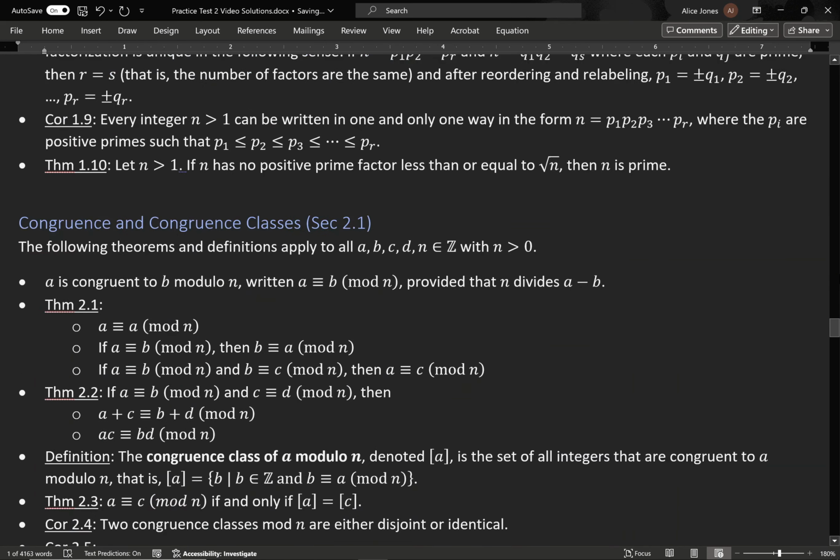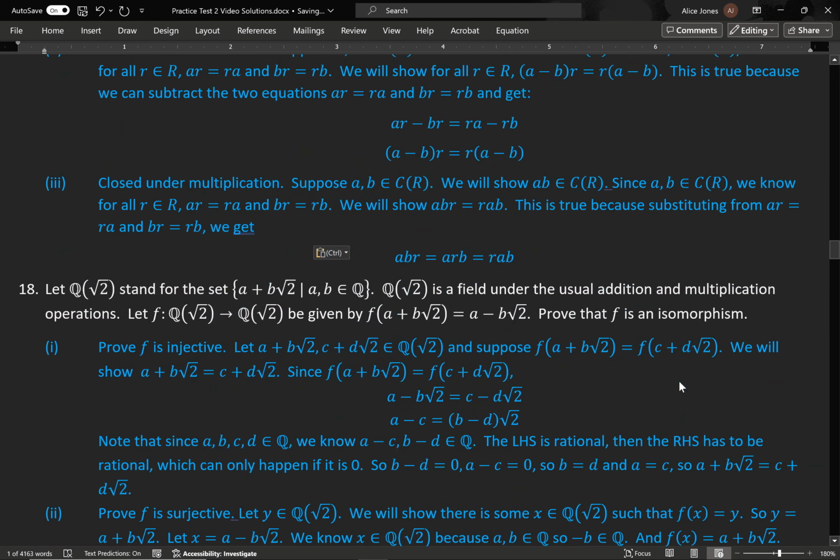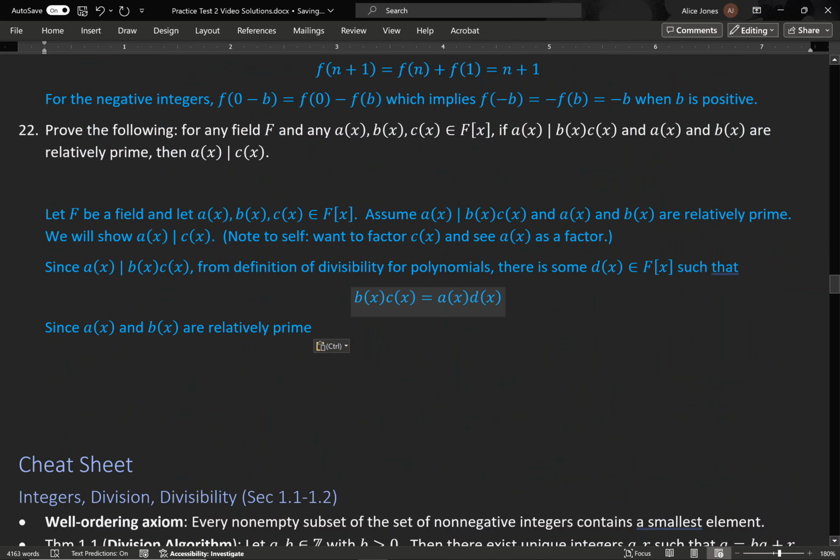Okay, so coming back up here. Nope, too far. Okay. From Theorem 4.8, we know there are, so I'm going to call them u(x), v(x) in F[x], such that, so the GCD when relatively prime is 1.